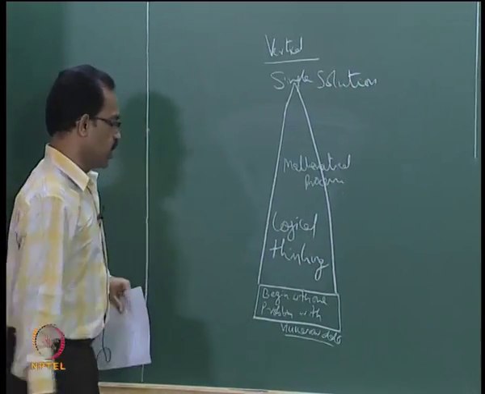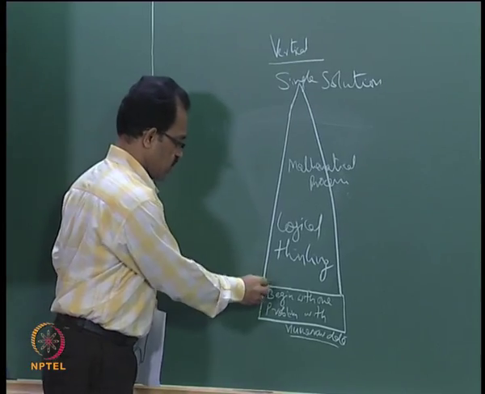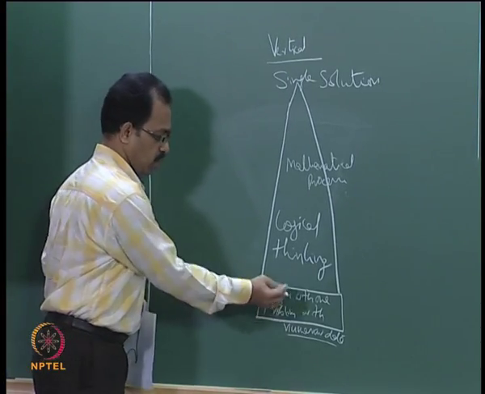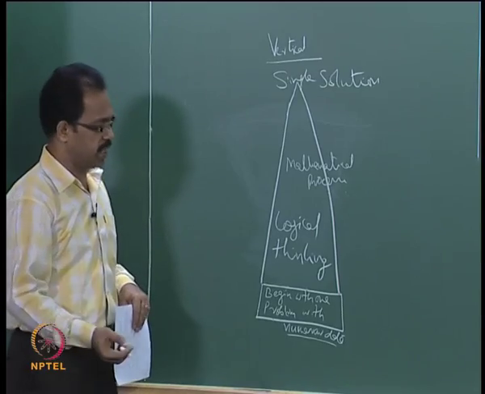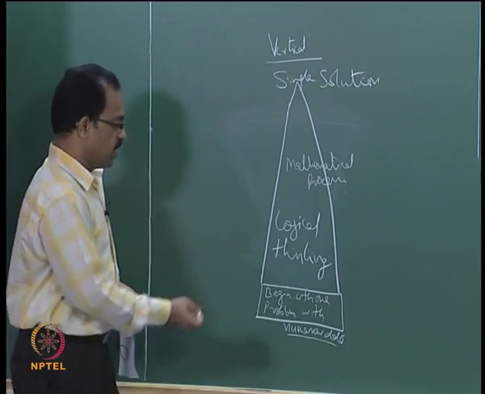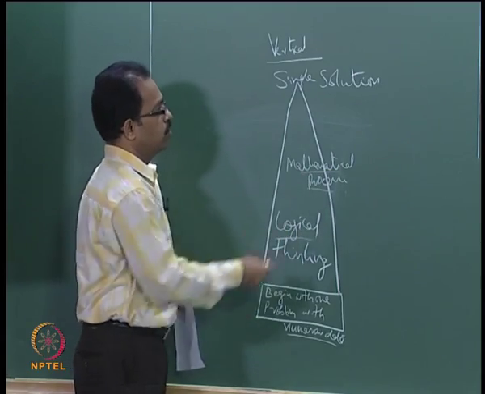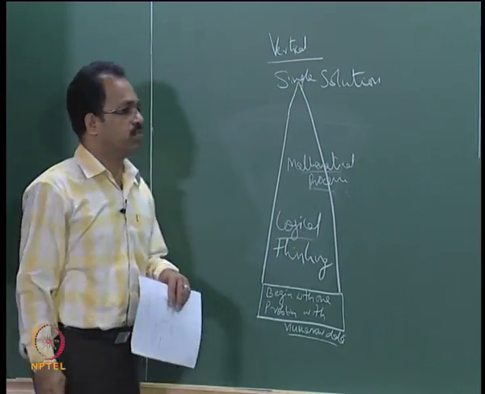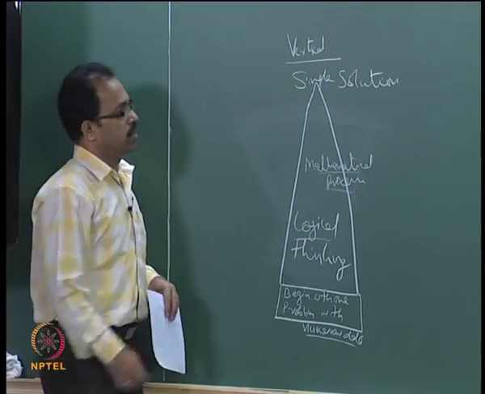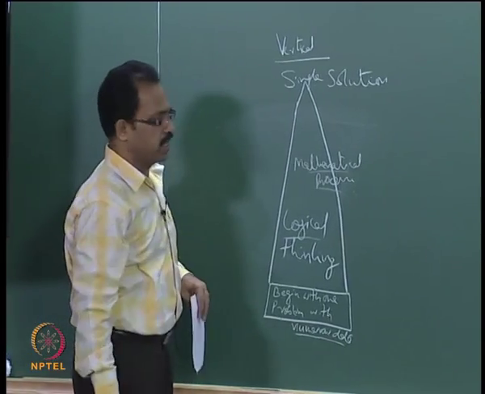So, here it is more like a rational approach. In this case, we have one problem with a lot of information, alternatives and possibilities, and then we go for logical thinking and mathematical modeling or processing to get to a single solution. So, that is the vertical thinking approach for getting the solution.